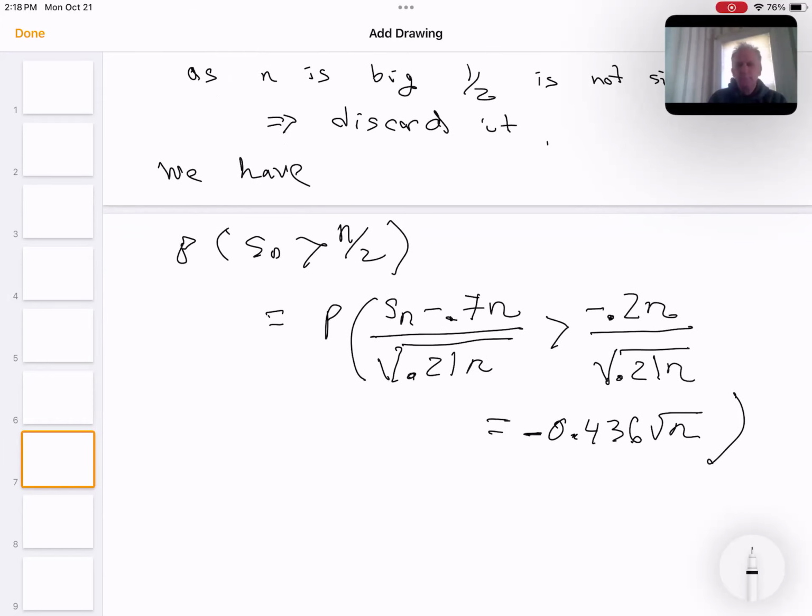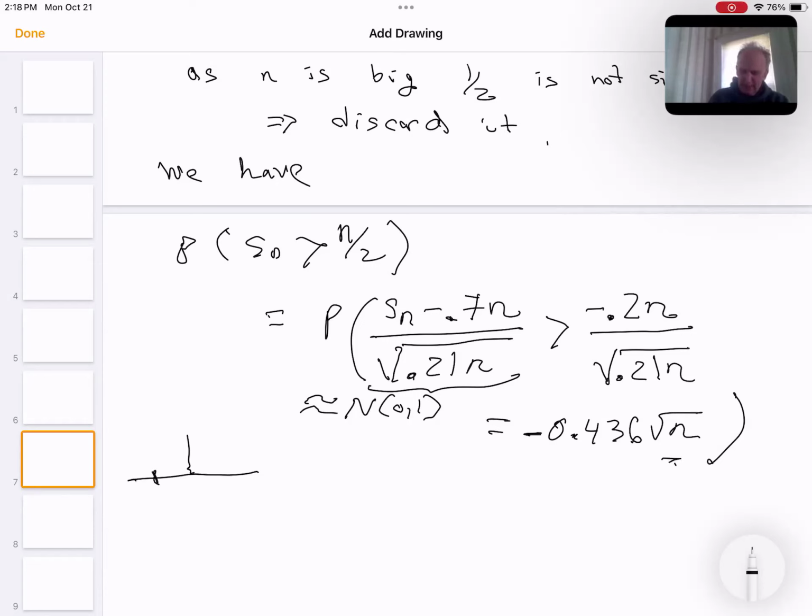Okay. Now, what do you see? By the way, we're going to use the fact that this is approximately normal 0, 1. And I have a negative number here, right? So no matter what n is, this is negative.